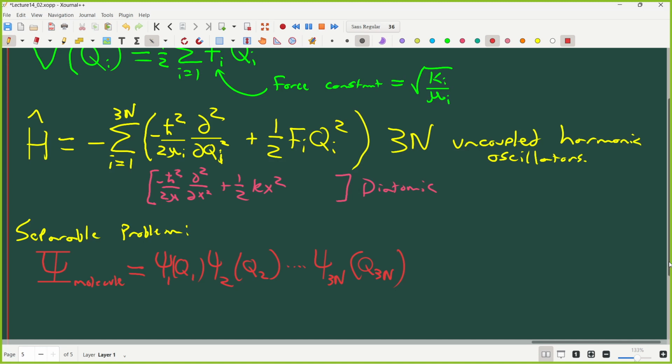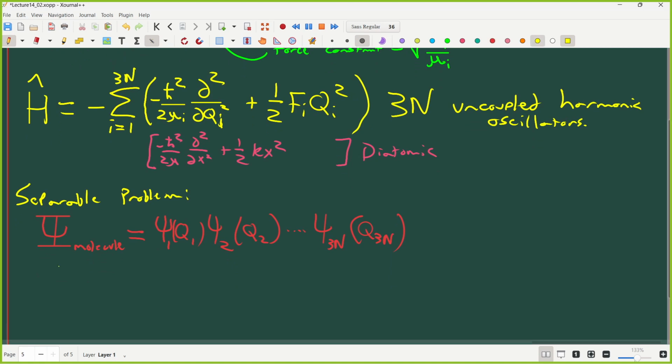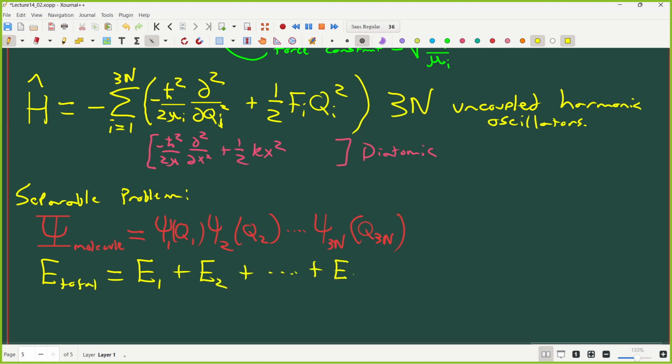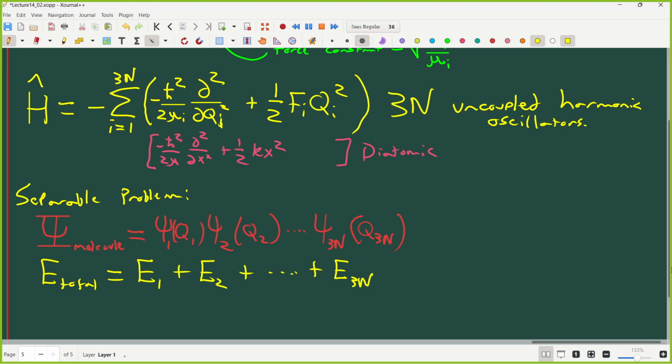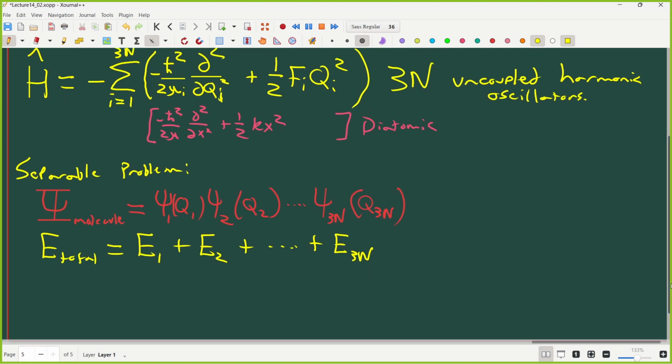And the total vibrational energy is going to be the energy along coordinate 1, along coordinate 2, plus all the way to coordinate 3n, where E sub i is h bar omega.